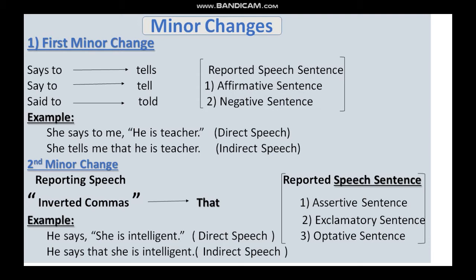So you can see here an example: he says, "she is intelligent," direct speech. I have changed it to "he says that she is intelligent." In order to omit inverted commas, I have used "that" here, because it is an assertive sentence. Okay students, these are the two minor changes. So minor changes occur in reporting speech and we omit inverted commas.